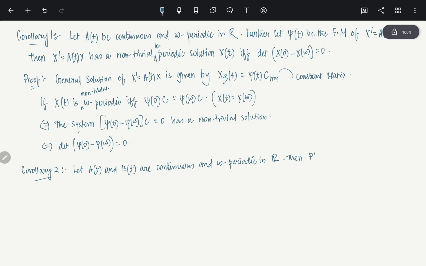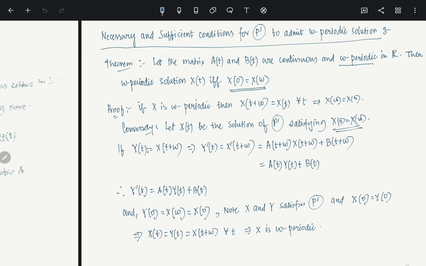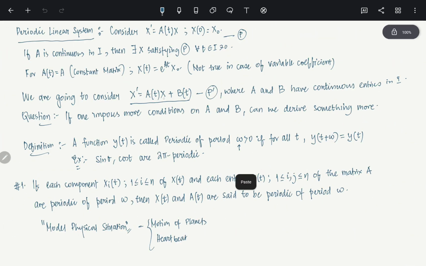The problem P prime, what is it? P prime is x prime equals A(t) times x plus B(t).